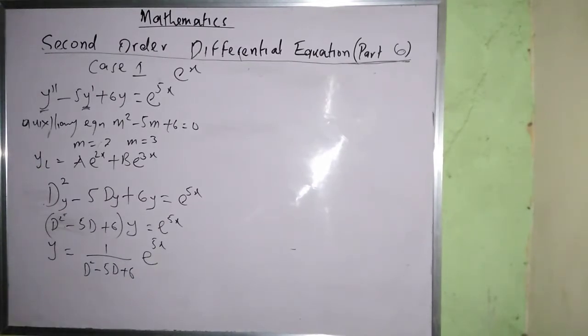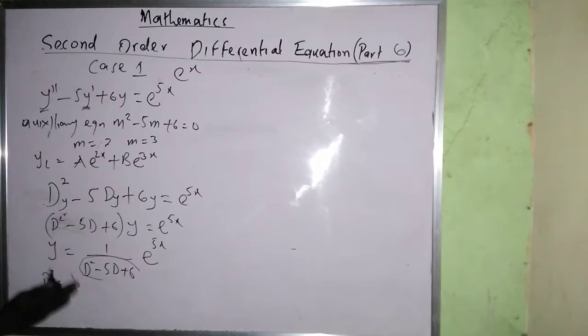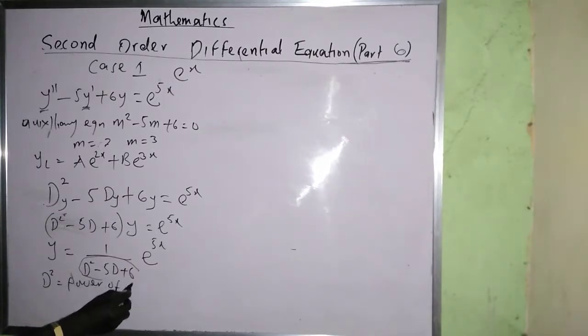Now, there is a problem here. Anytime I have this, at the point of D squared, I will put the power of the exponential, which is 5.